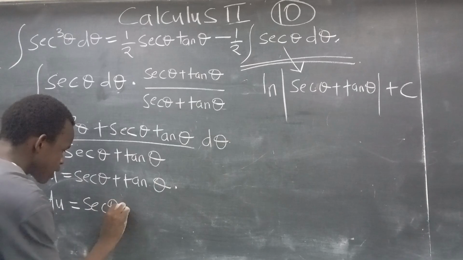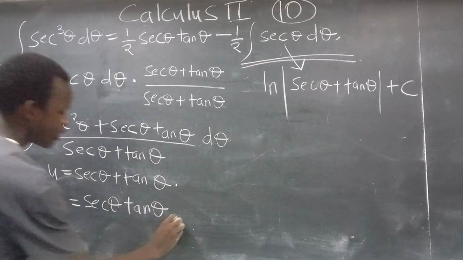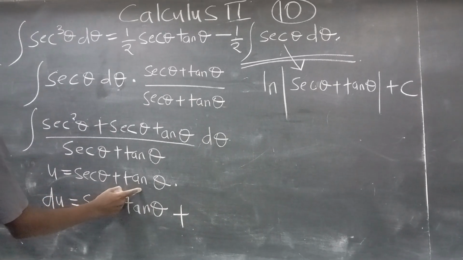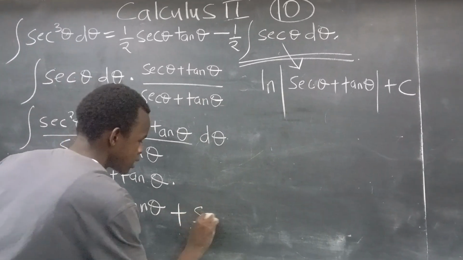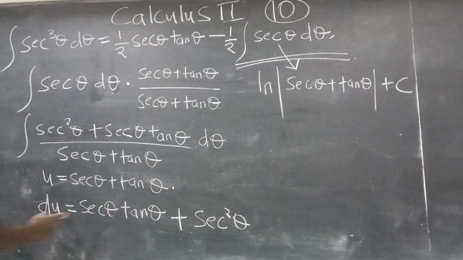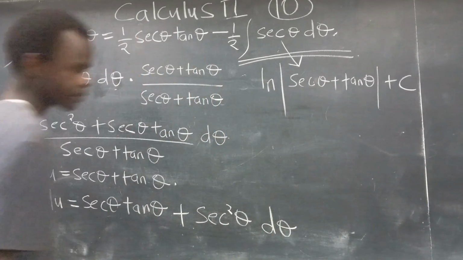Then I'll add this addition. What's my derivative of tan of theta? It's the same as secant squared of theta. Then it's with respect to theta, so it will be d theta.